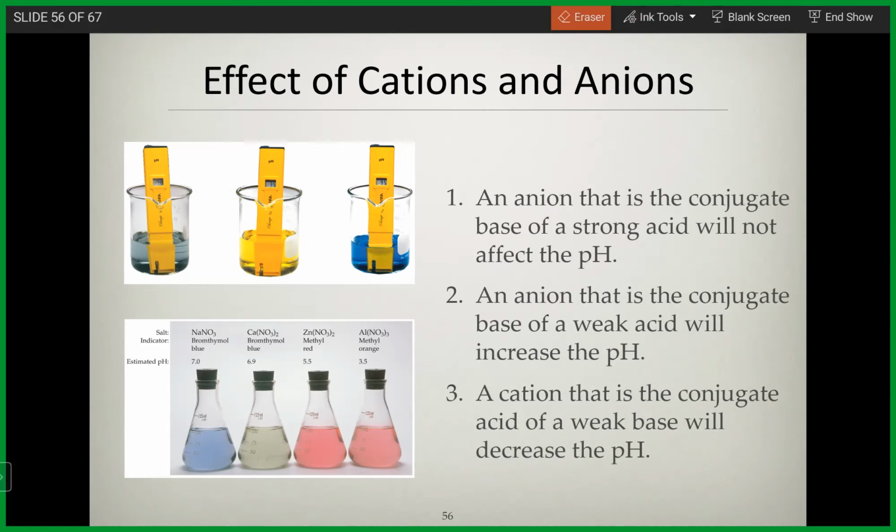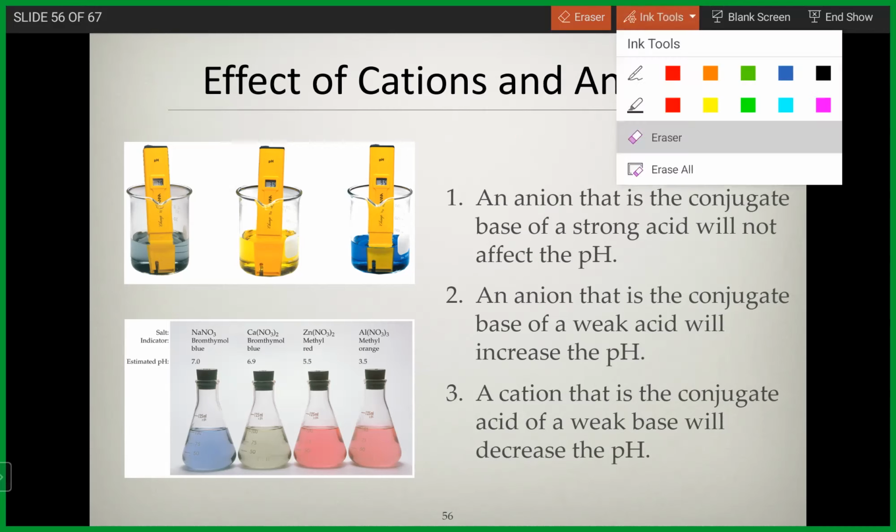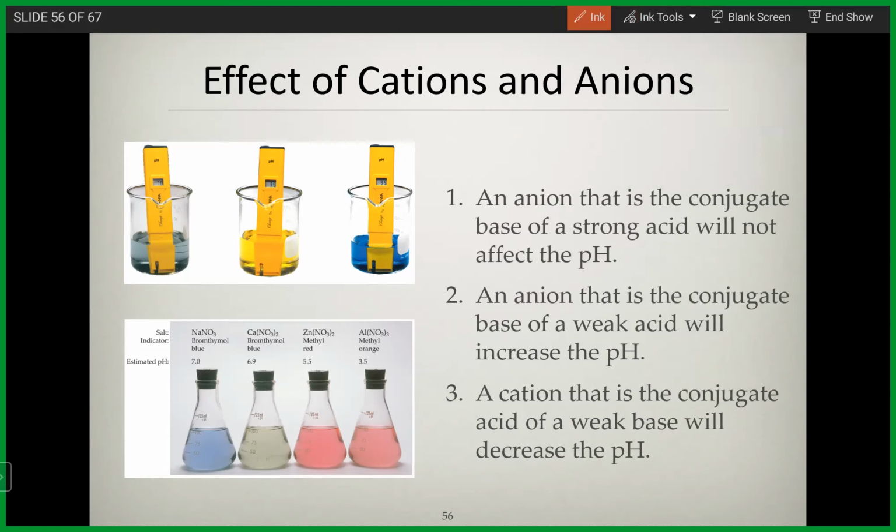But when we have the conjugate base of a weak acid or the conjugate acid of a weak base, that's where we're going to see the pH change. Let's see what's a good example for that. HF would be a good one. With hydrofluoric acid, we get some of that H plus and some F minus, but it's going to stay primarily as that molecule itself. If we take something like sodium fluoride, NaF, it's going to dissociate in water and give us F minus.